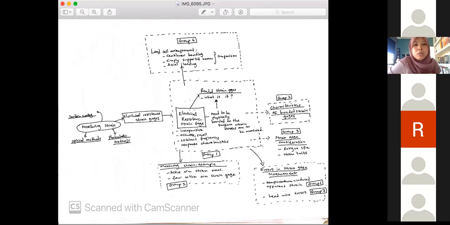So nanti group nombor 1 ikutlah numbering group ni untuk you punya topik, dan saya akan bagi masa sampai pukul 4 kot. Tak payah lama-lama sangat. Okay. Lepas tu don't worry, saya akan bantulah you guys to understand the topic, kalau betul ke pemahaman ni.